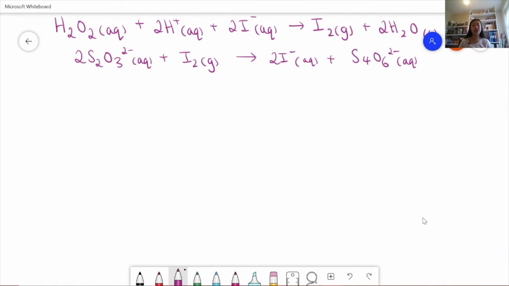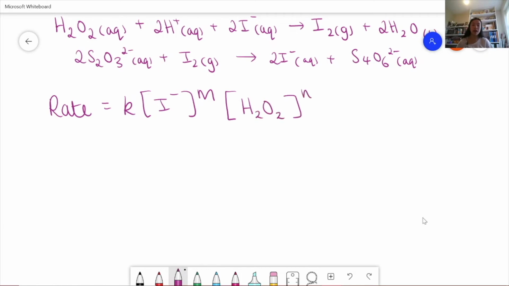So the rate equation for this reaction is actually like this. So you have rate, and it's equal to k multiplied by the concentration of I- to the power of m, and then multiplied by the concentration of the hydrogen peroxide to the power of n.